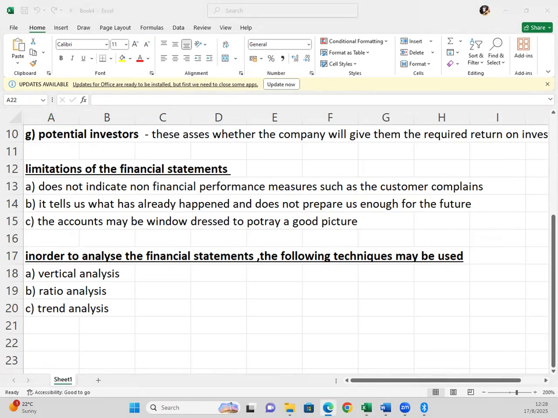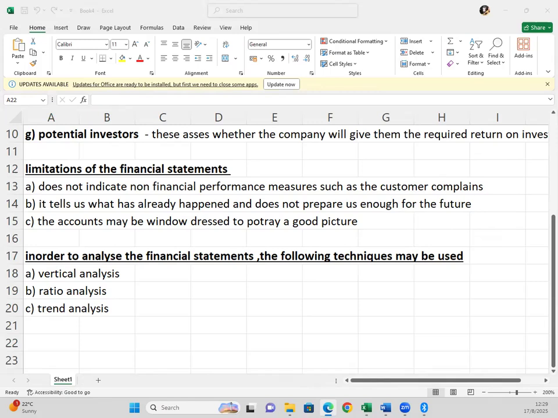The trend analysis is just looking at what is taking place over a period of time. So the sales can be said to be having an upward trend. It means they've been rising over a period.